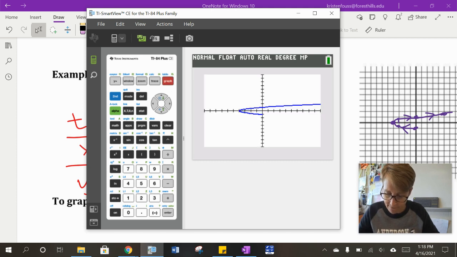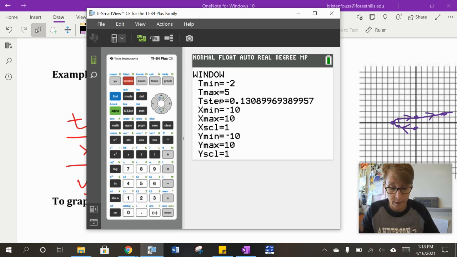And then when I hit graph, look, there it is. Now, there's a problem with this graph, is that it went so quick. I didn't have a chance to see where it started and where it stopped. Good thing is it looks like our graph, but I would need to know the direction of this. So in your calculator or in your window, what determines how quickly the graph will graph is the t step.